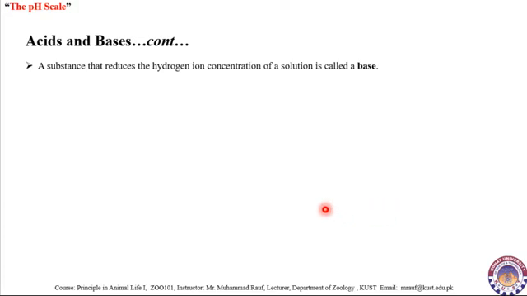Now base. What is a base? A base is a substance that reduces the hydrogen ion concentration of a solution, or in other words, a base is a substance which increases the hydroxyl ion concentration of a solution. So you can use two definitions both for acid and base.